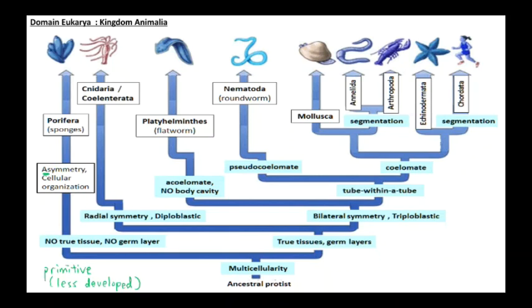It does not have any body symmetry, and it only consists of cells, not even tissue level. Only cells, which means this whole organism is made up of individual cells. And then we move on to the more advanced one, where it starts to have tissues, and that's the phylum Cnidaria or Coelenterata. For Cnidaria, it starts to have tissue.